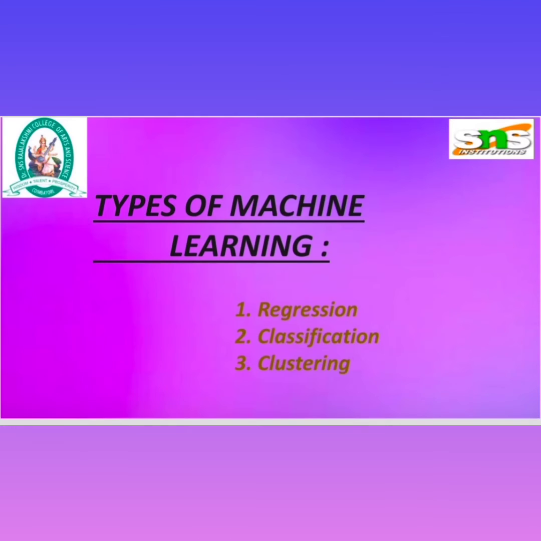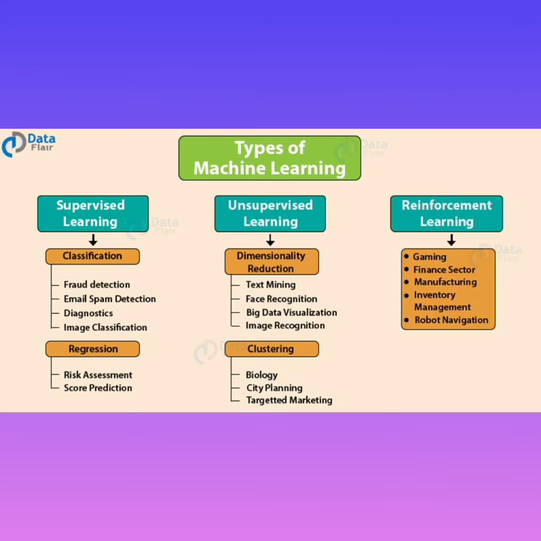Types of machine learning. Regression, classification, clustering. Types of machine learning under the topics: supervised learning, unsupervised learning, reinforcement learning. Supervised learning: classification, fraud detection, email spam detection, diagnostics, image classification. Regression: risk assessment, score prediction.